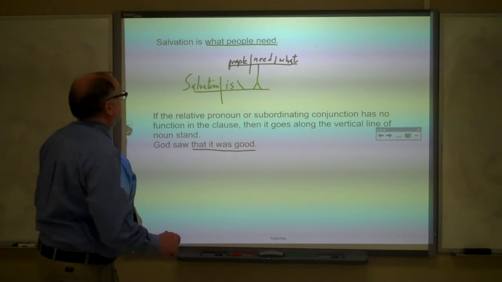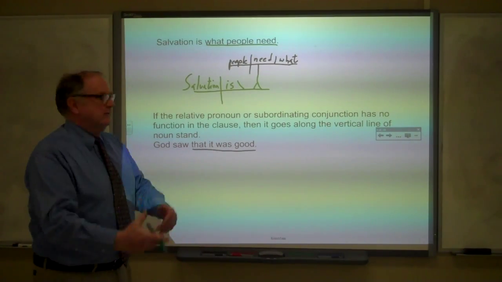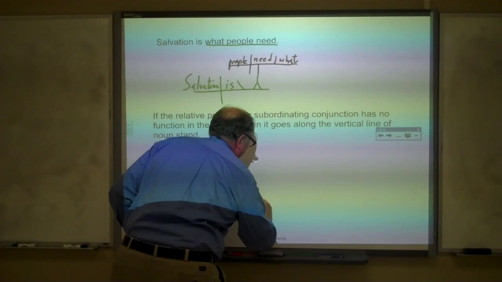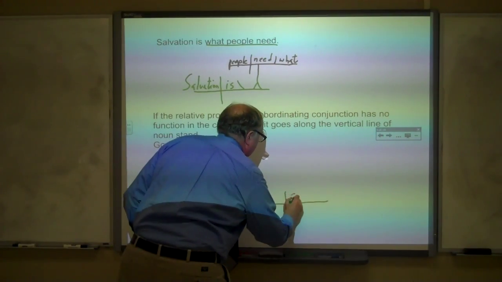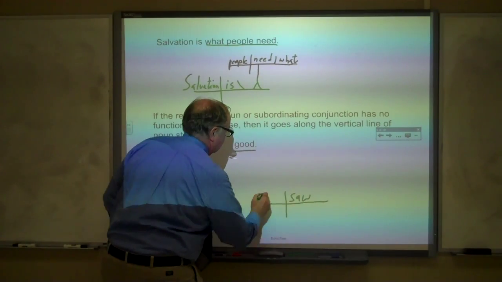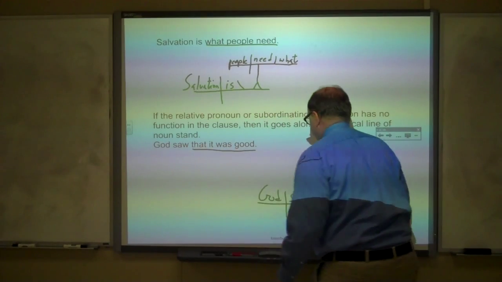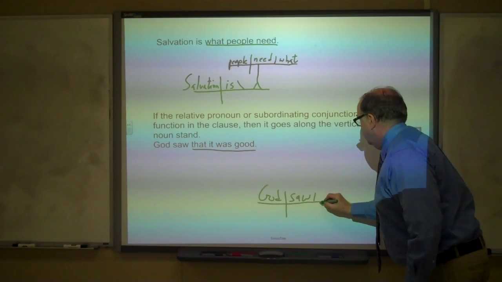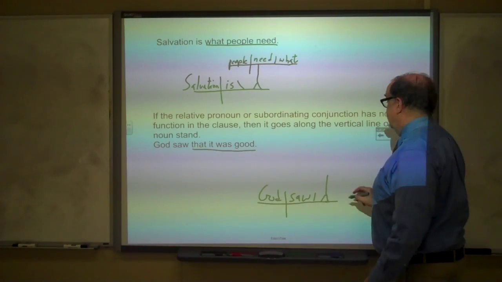In this case, it's the direct object, because saw is an action verb. God saw what? That it was good. It answers the question what, so it's a noun. So, saw is the verb. God is the subject. And the noun clause is the direct object, so we put the noun stand in the direct object position.